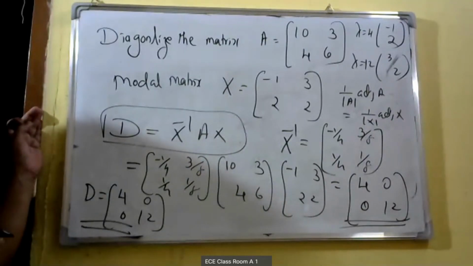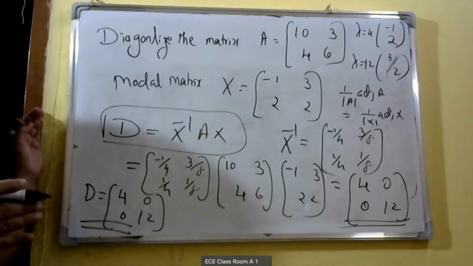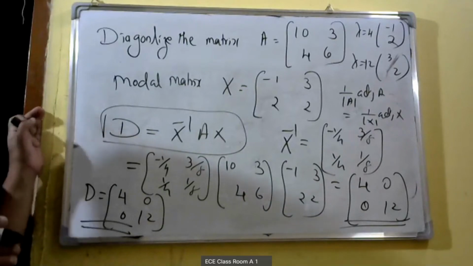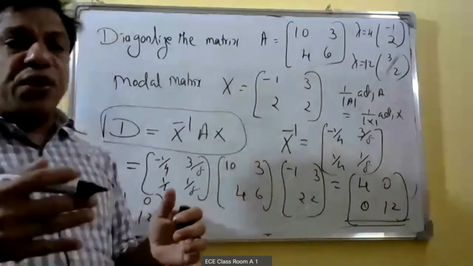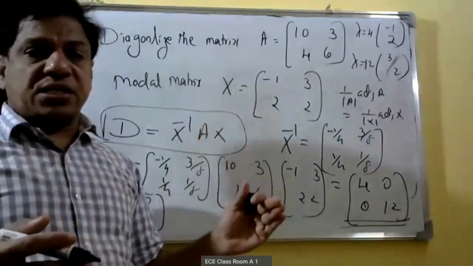To find the diagonalization of a matrix, the first step is to find the eigenvalues. Next, we find the eigenvectors.